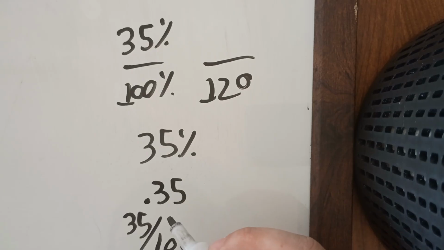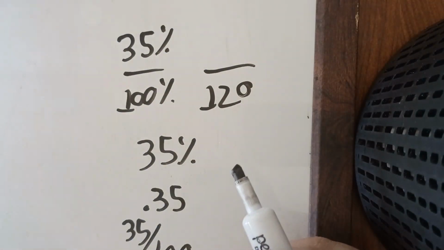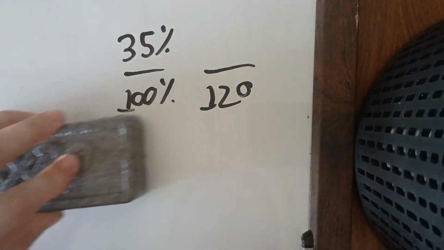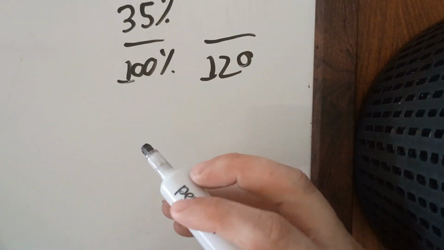I think there is a way to divide that, but that's not what we're worried about right now. But anyway, there are multiple ways to write it, but I've chosen to keep the percentage.